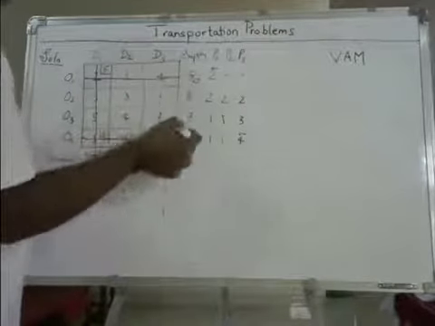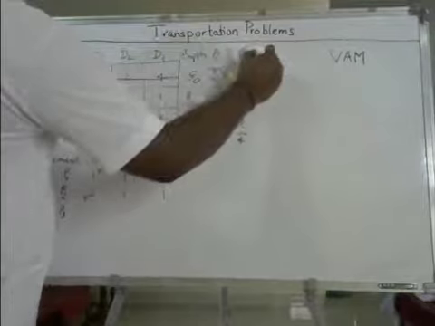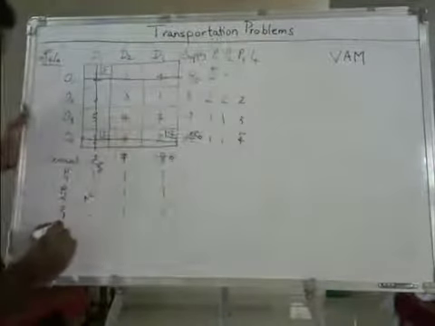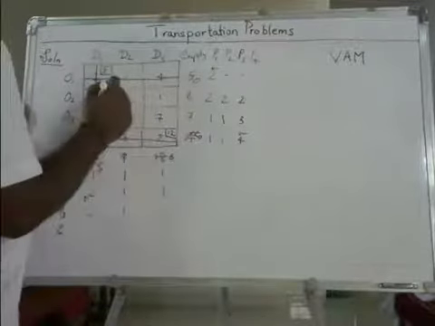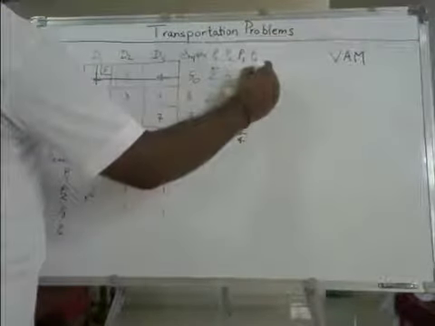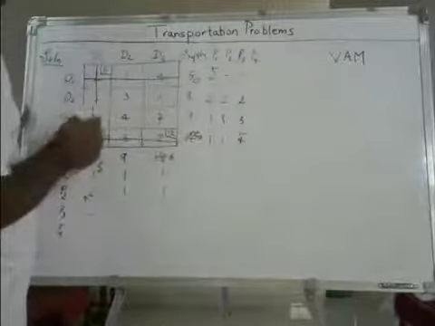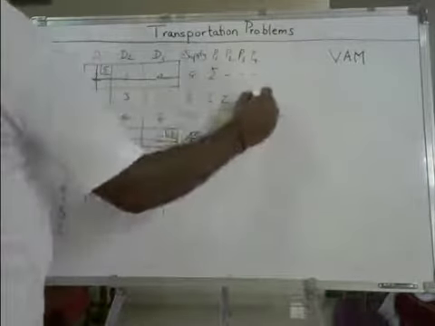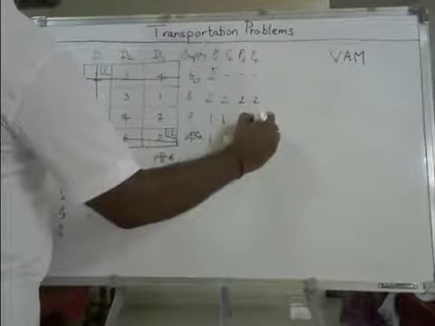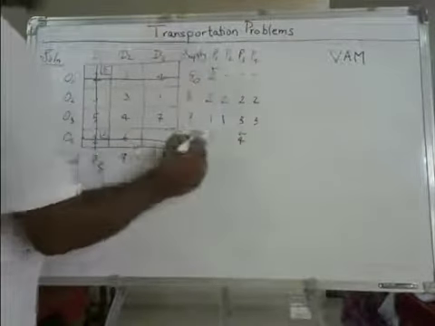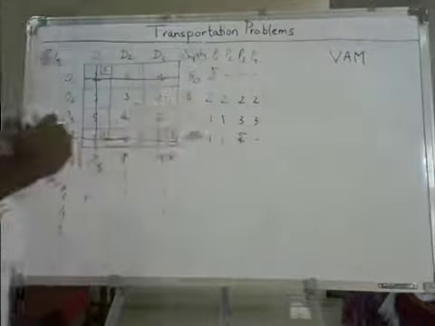Okay. So again I have to come up with the fourth iteration of the penalty cost, P4. For the first row it is dash again. 3 minus 1 is 2. 7 minus 4 is 3. Here again this is exhausted, so I will put a dash here.